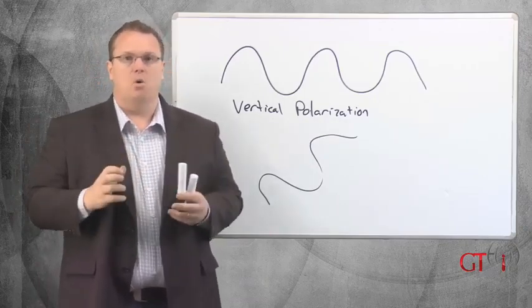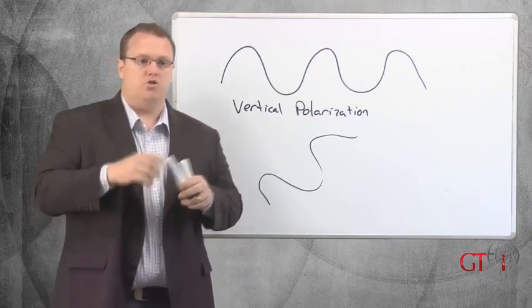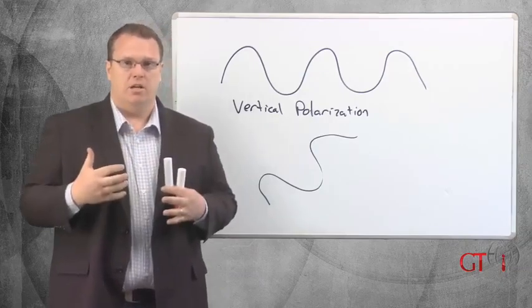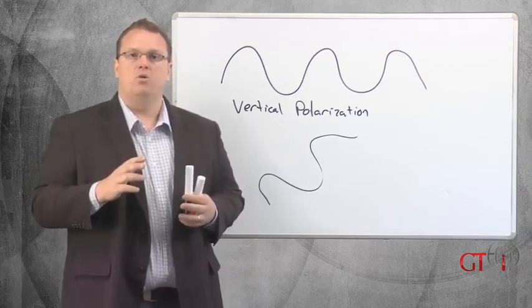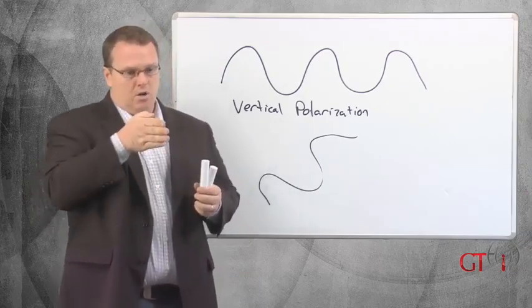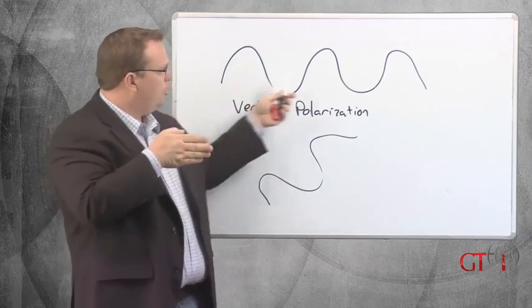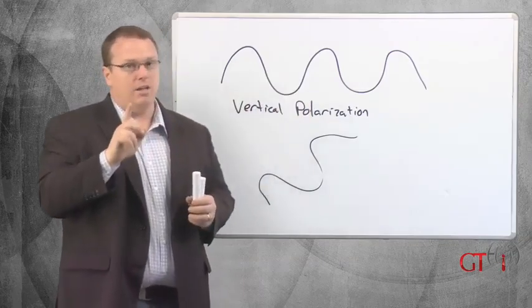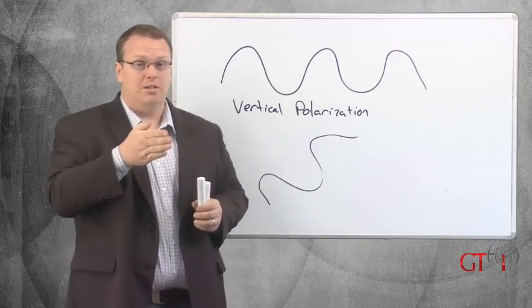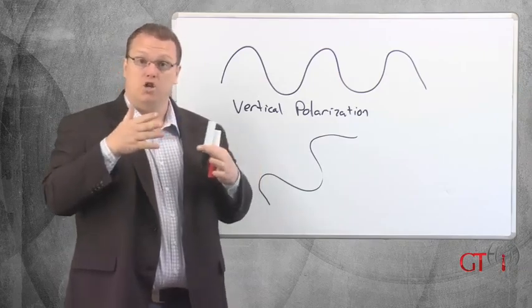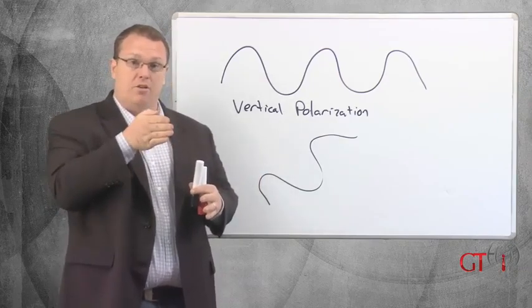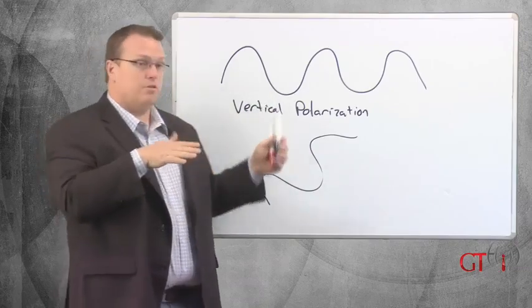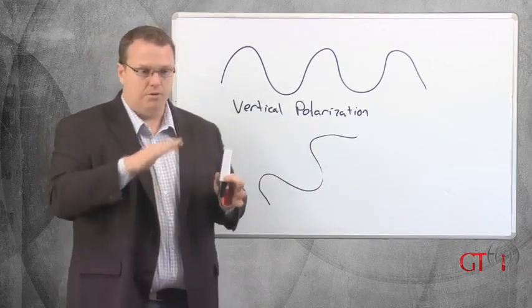Now, what does this mean to us? Polarization is very important when you're talking about transmitting and receiving a signal. Let's give the extreme case. Outdoors, let's say you have an antenna that is transmitting on vertical polarization. Now, by the way, in a lot of antennas, this is just how you mount it. Not omnidirectional, but directional antennas, which we'll get into. If you mount it one way versus the other, you're changing its polarization relative to the ground.